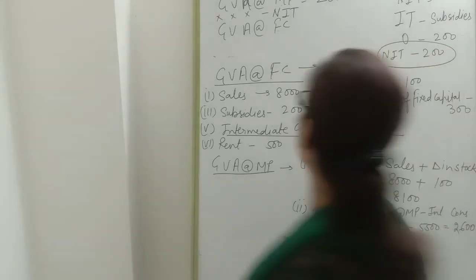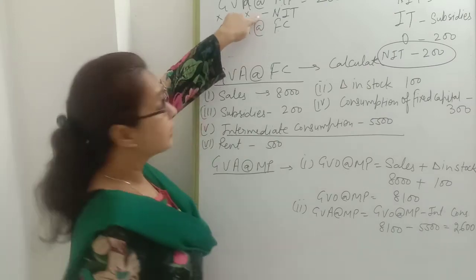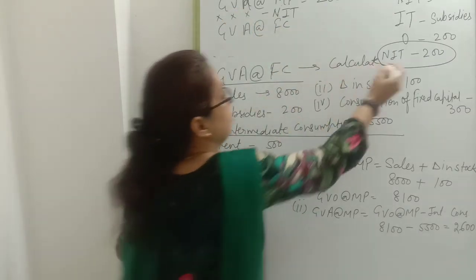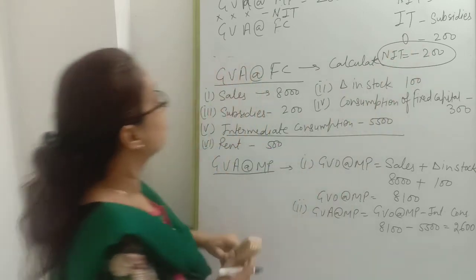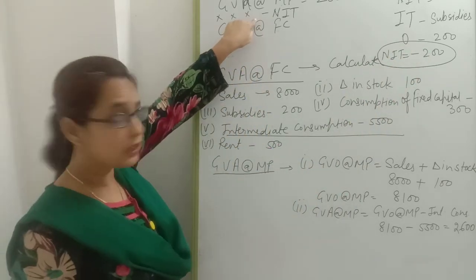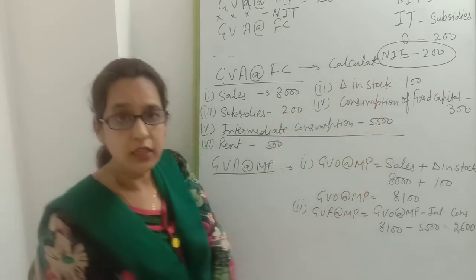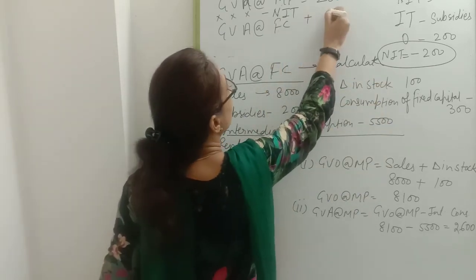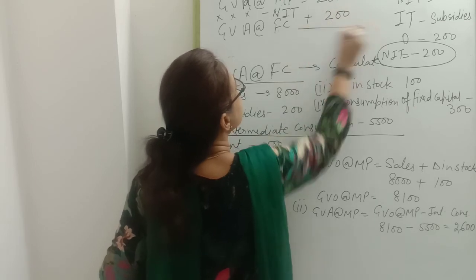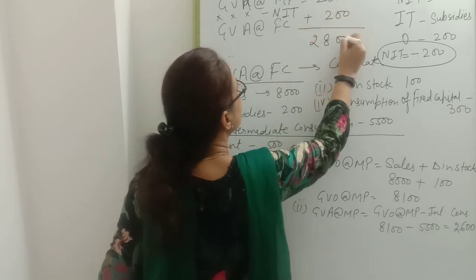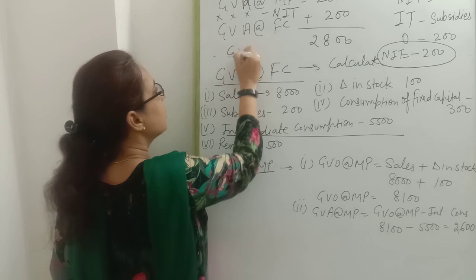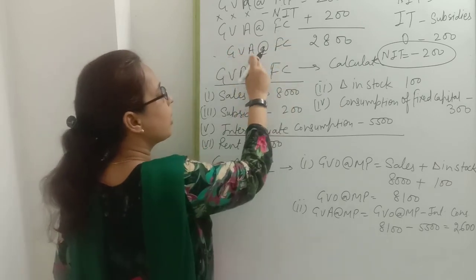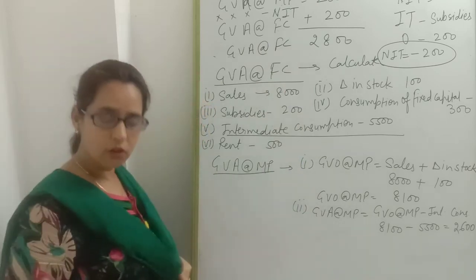Now we have to do minus NIT, and since NIT is minus 200, minus minus becomes plus. So plus 200, that is 2,800. What we get is GVA at the rate of factor cost, gross value added at the rate of factor cost.